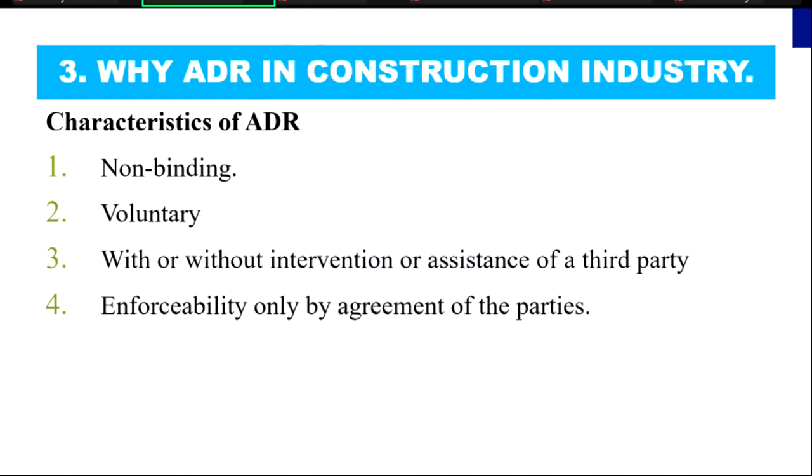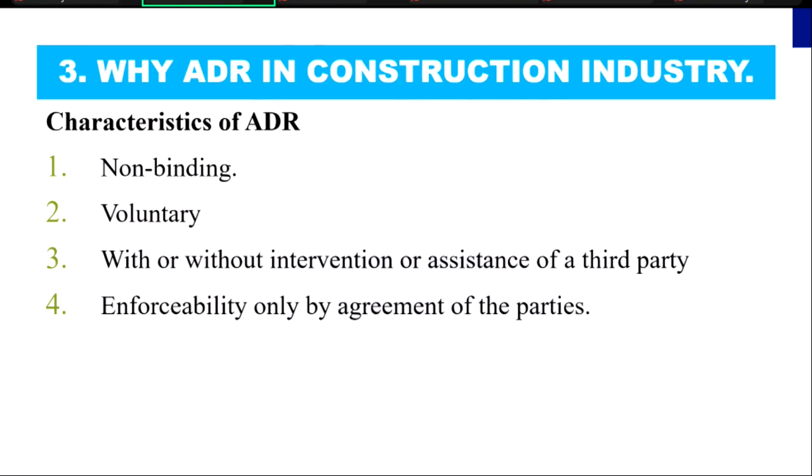Then if at all that one fails, the parties can decide to go to mediation. Mediation simply means that the parties call another neutral person, a third party. It is better if the third party is trained and is able to understand the subject matter.